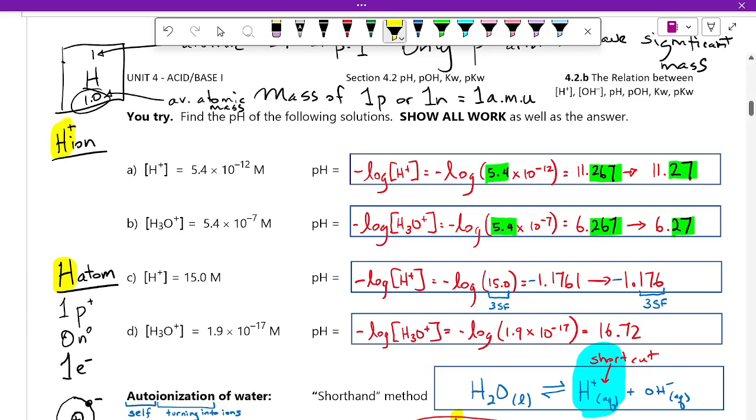Does the number of neutrons change? No. Sorry, does the number of protons change? No, because otherwise it would not be H anymore. 1 proton. Number of neutrons stay the same. 0 neutrons. How many electrons?